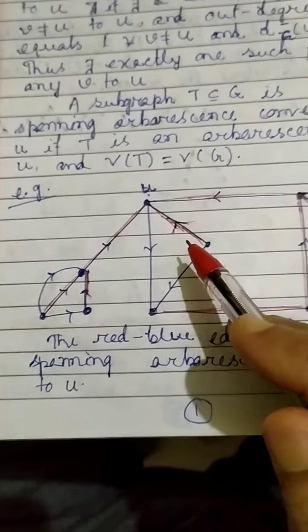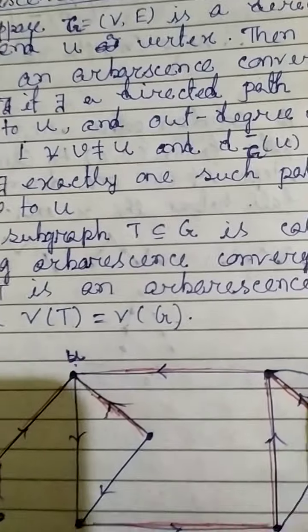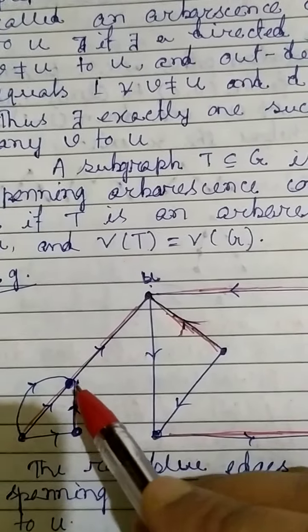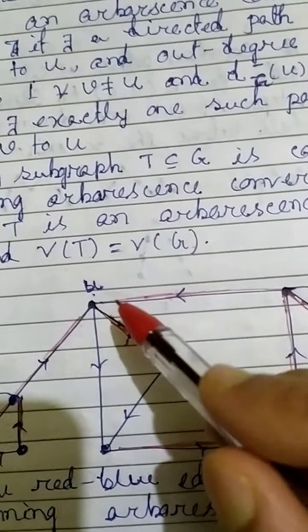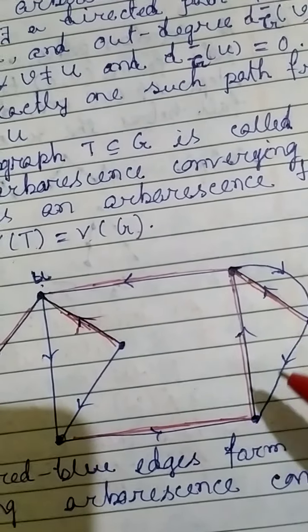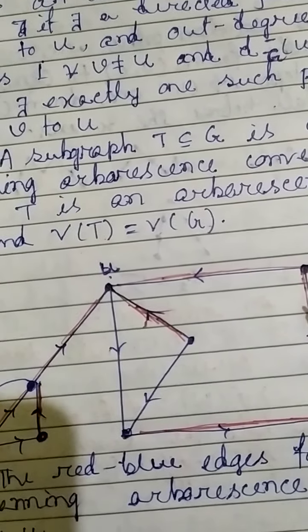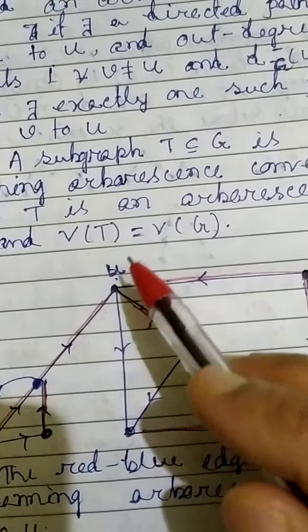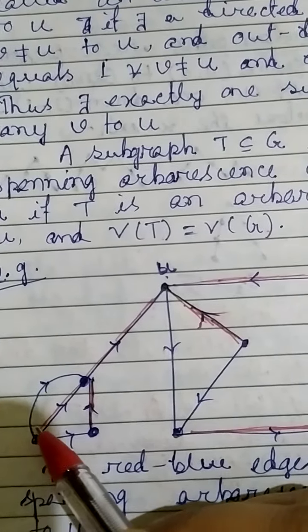Here in this graph, consider the red and blue edges. This collection of edges forms the corresponding spanning arborescence, because it covers all the vertices.